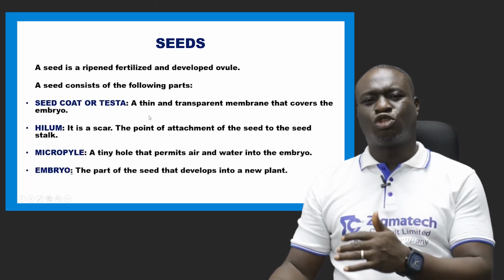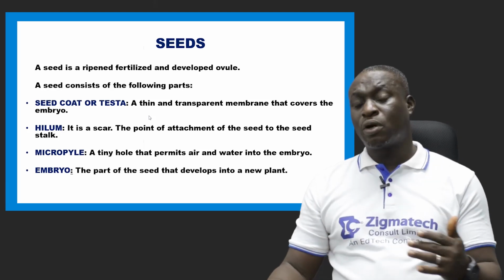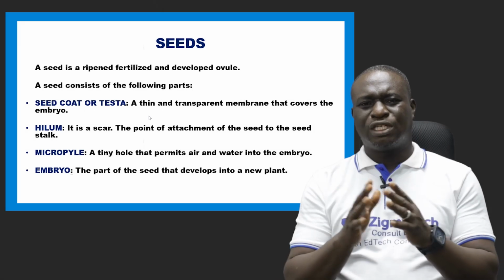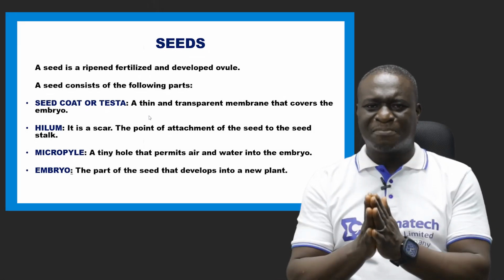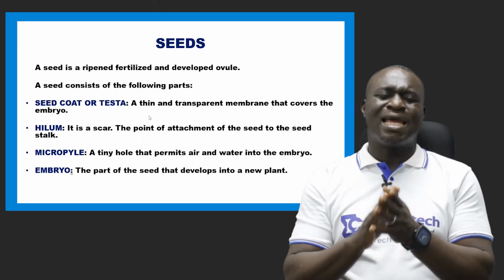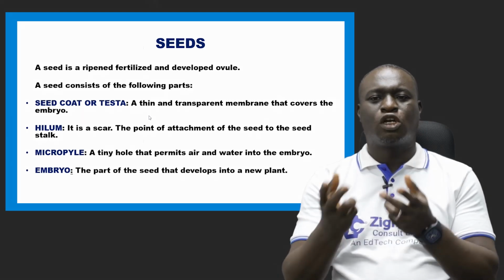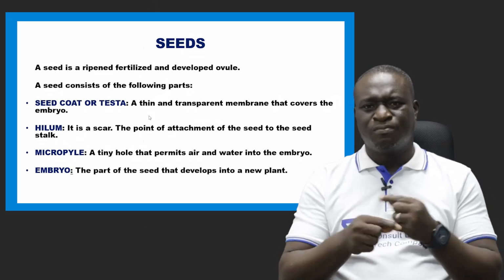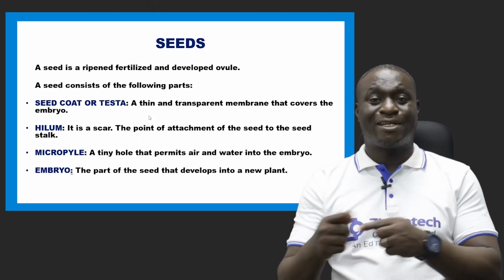Now, let's go back to the seeds. We will be talking much about the fruits in subsequent videos, but let's concentrate on the seed. Now, remember we said that a seed can be gotten from a developed ovule, after fertilization.